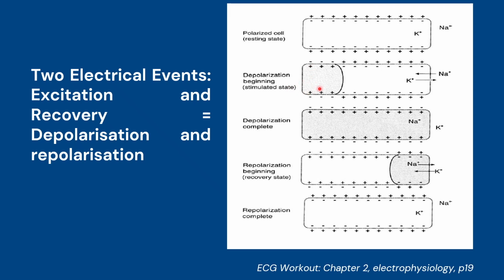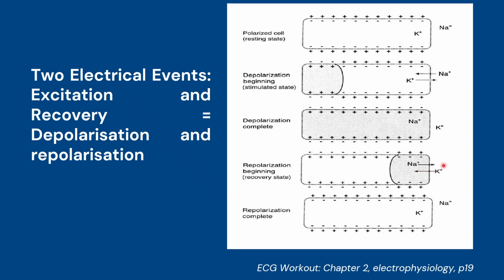So gradually the interior of the cell turns positive and the exterior turns negative, and this is the beginning of depolarization. When this is completed and the whole external surface of the cell carries a negative charge and the internal part carries a positive charge, we call this complete depolarization, which is complete stimulation of the heart muscle. To return to the polarized state, repolarization starts, and the opposite happens.